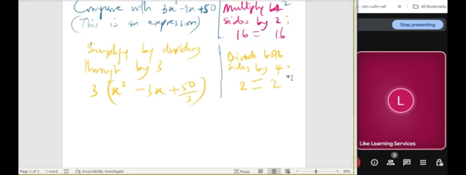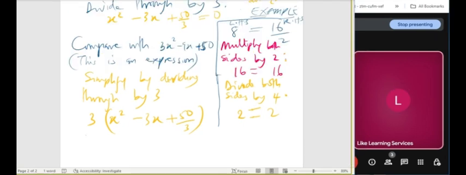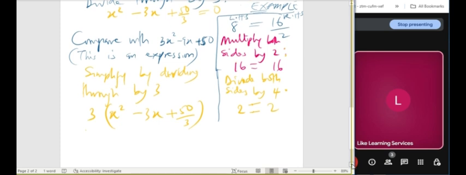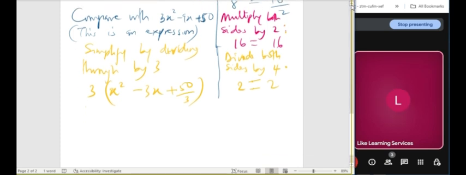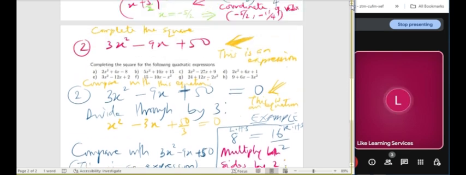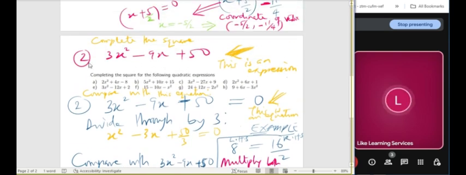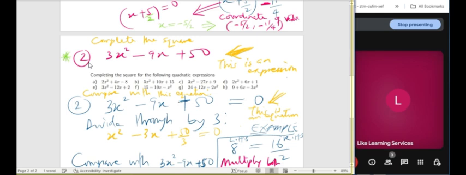So, can we do the work now? Remember where we are coming from. The question is this. Can you read it? Yes. 3x squared minus 9x plus 50.